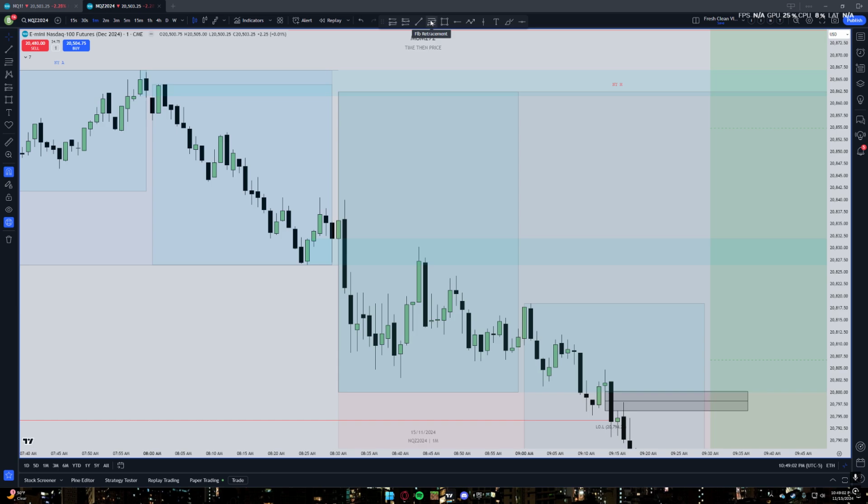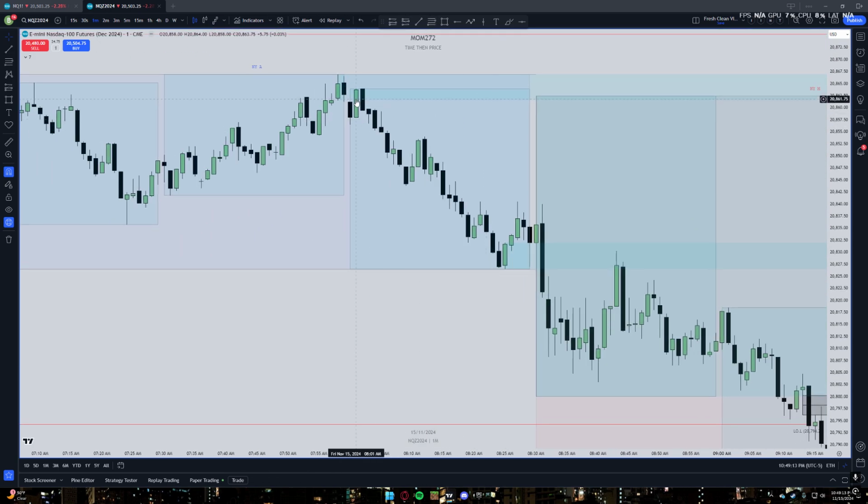Order blocks are literally a place where there are going to be orders resting in the market. That's how you have to think about it. So using that exact logic, when we have this green candle, why would there be orders resting there? Well, if you think about it from a retail perspective, we're in a down move and we get a green candle.